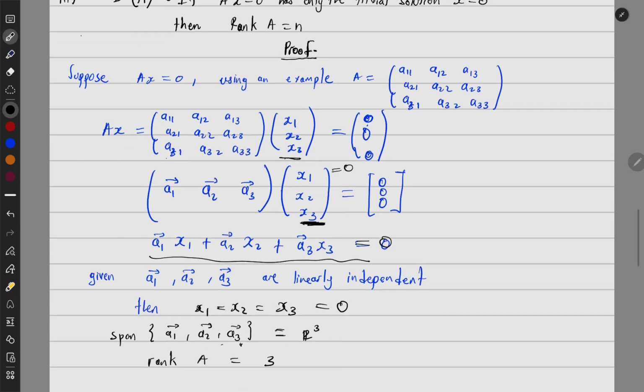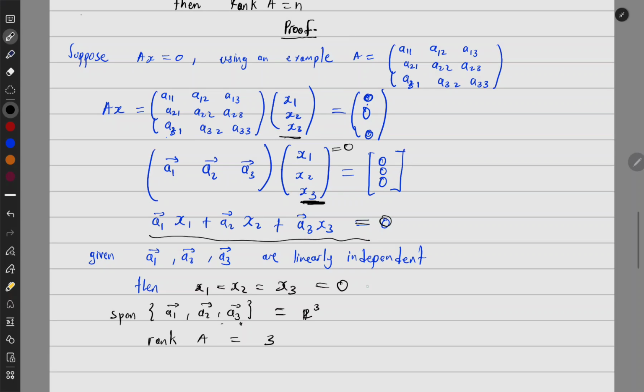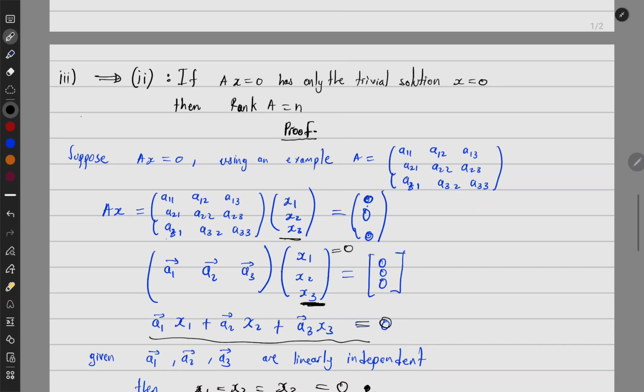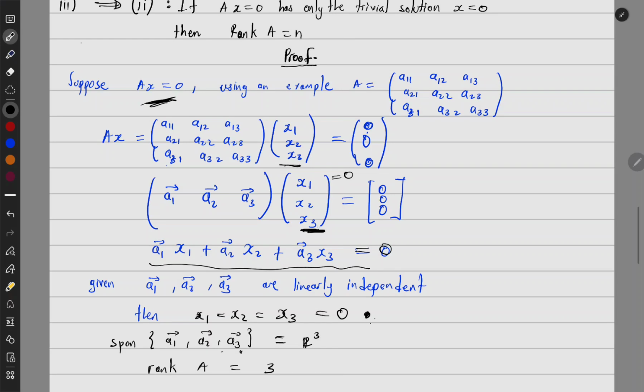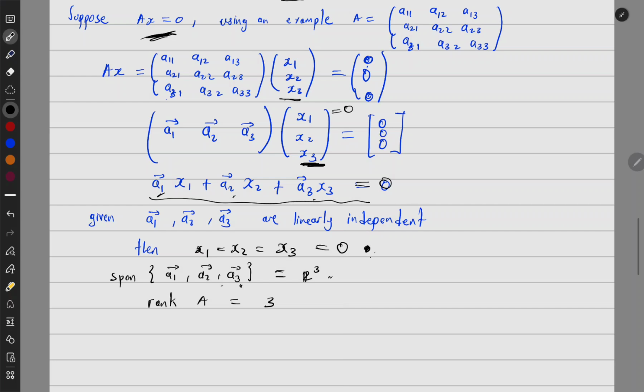That's why we claim these are linearly independent. This is given by the fact that this has only the trivial solution, so x1, x2, x3 must be zeros, and they must be linearly independent of one another. Therefore, they span R3 and their rank is 3.